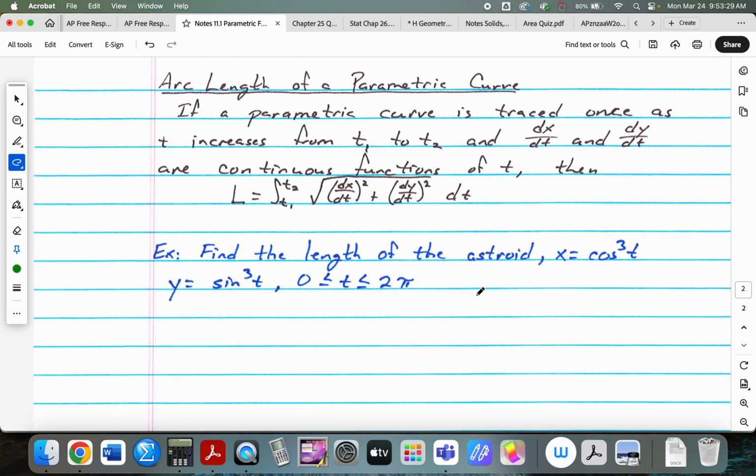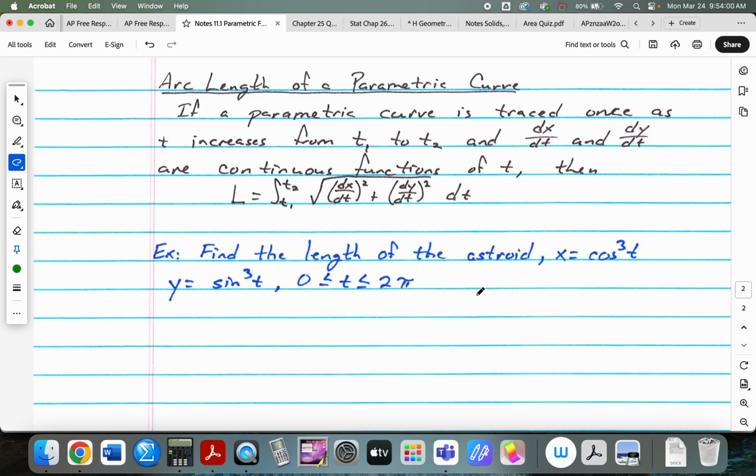So we did arc length earlier in the year. We can also find the arc length of a parametric curve. If a parametric curve is traced once as t increases from t sub 1 to t sub 2, and dx dt and dy dt are both continuous functions of t, then the length is the integral from t1 to t2 of the square root of dx dt squared plus dy dt squared.